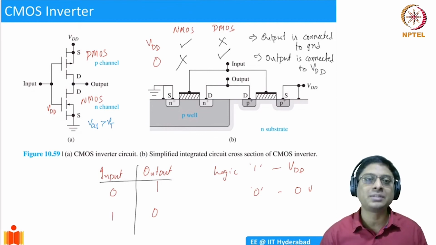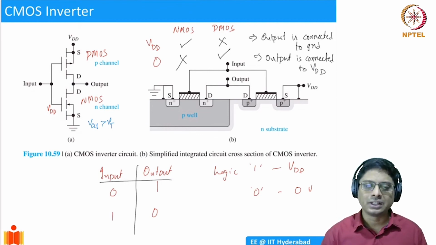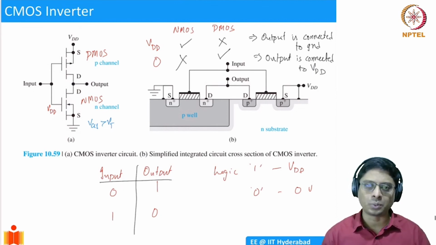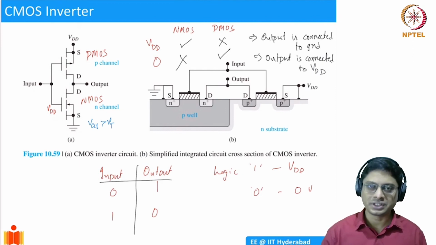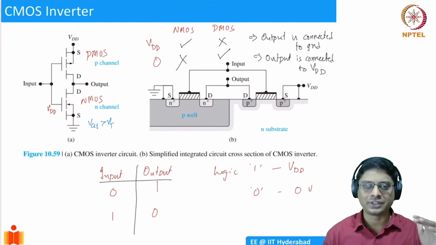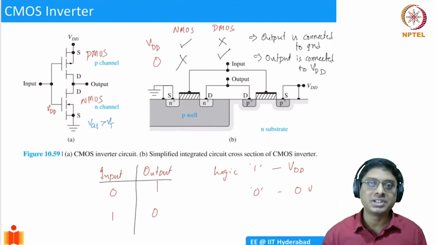And that is the reason why CMOS has become the most dominant technology. Because in the static case, that is when inputs are zeros or ones, not during switching. During switching, there's going to be some power dissipation, but when it's 0 or 1 in the static phase, there's very, very negligible power dissipation. It is not like that in BJTs.